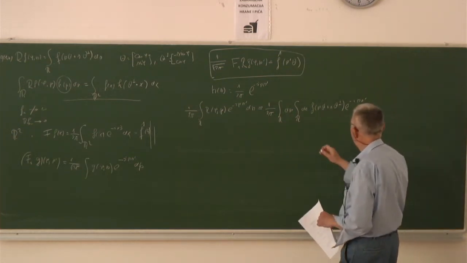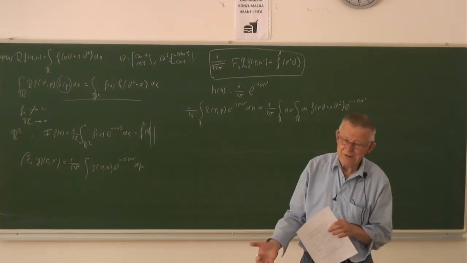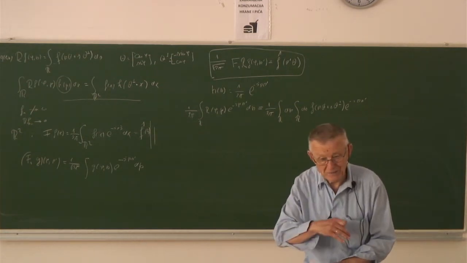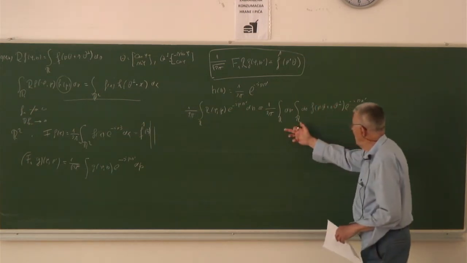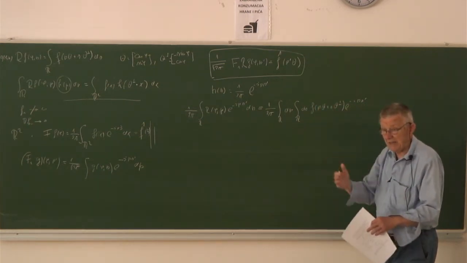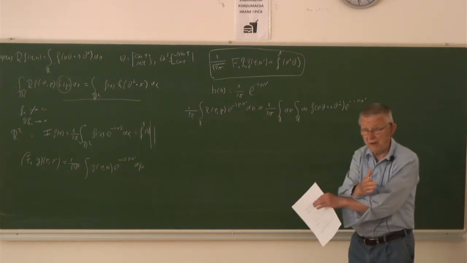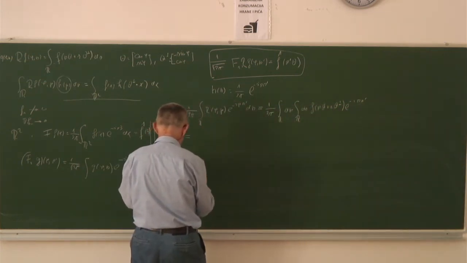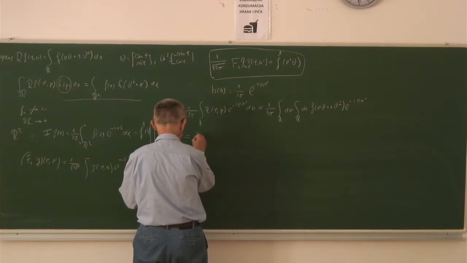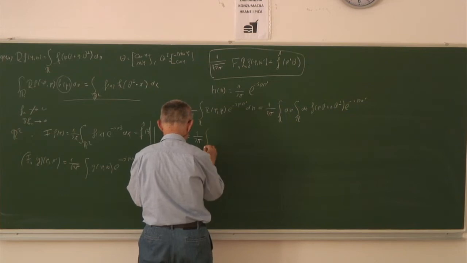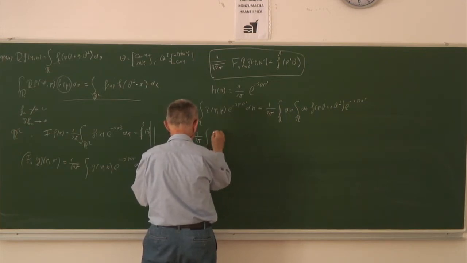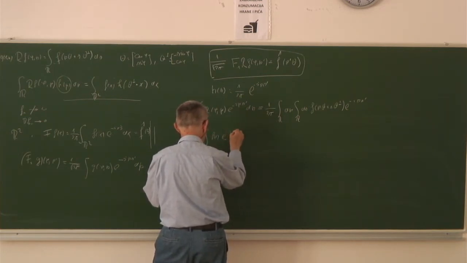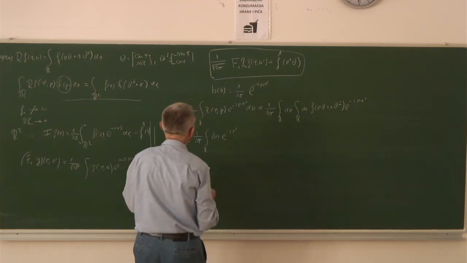But now comes the same trick. We transform the variables s and p back to x1 and x2 in the same way as we did before, because this is now a simple integral over R2, because s and p are two orthogonal variables. So when we come back, it is now 1 over 2 pi, integral over R2 of f(x) e to the minus i p prime.